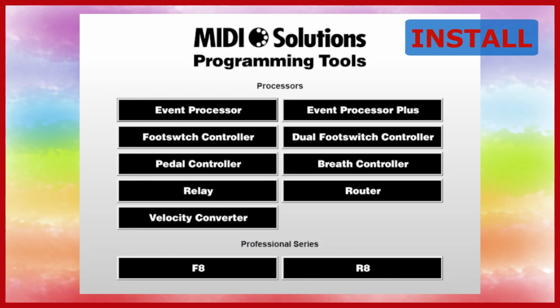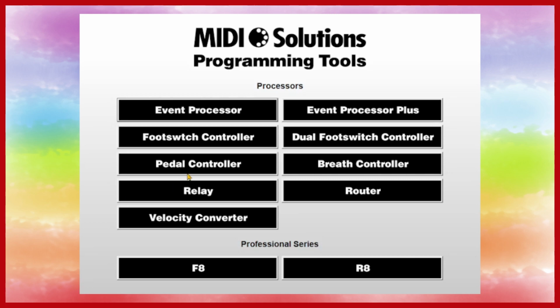Once you've installed the MIDI Solutions programming tool onto your PC, you need to select pedal controller, and it'll open the software. There's really not a lot to see. There are just these menus for File, Edit, Setting, Program and Help, and it's really just a text editor that will help to generate the text that you need to send to the pedal to program it.